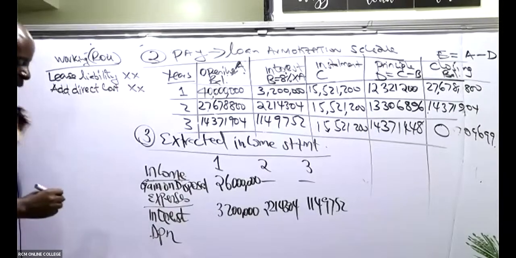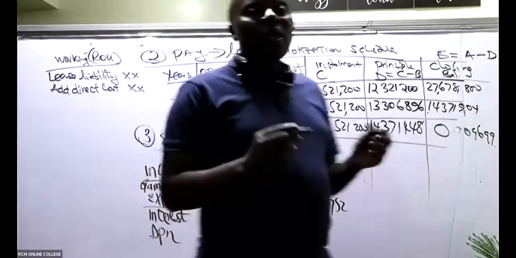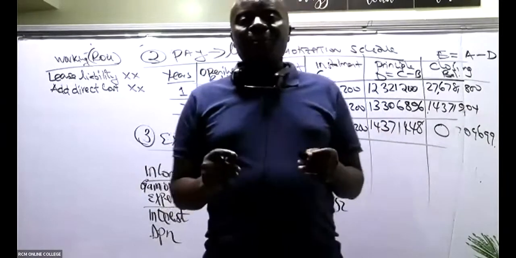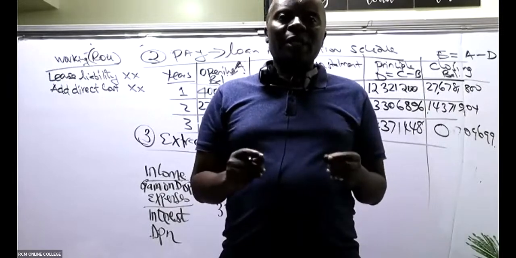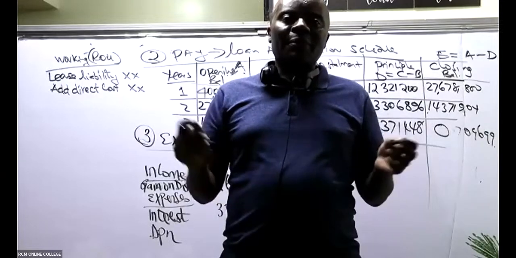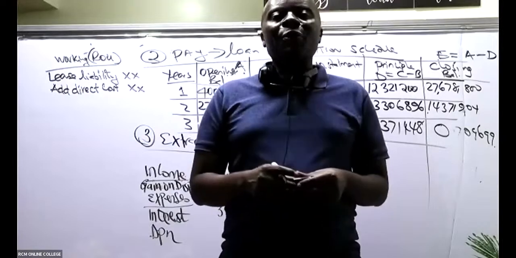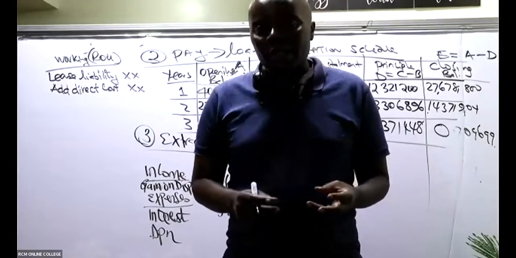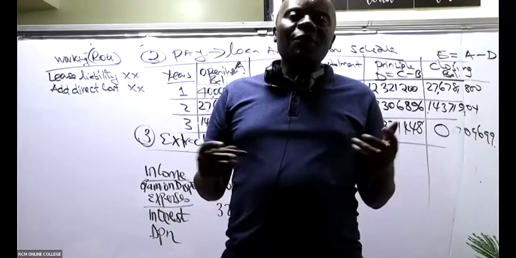For example, once we leased this space from the landlord at Stanbank, there are those direct costs. For example, you need to come and do painting, and there will be some modifications.